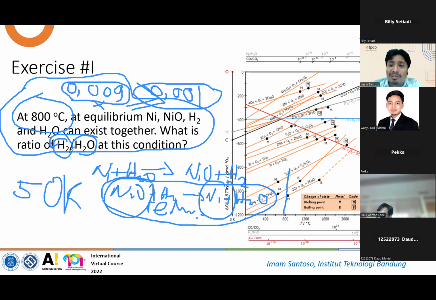So the ratio of hydrogen and water you have to maintain inside the reactor needs to be bigger than 0.1. Again, it seems just fundamental of the Ellingham diagram, but this can answer a lot of things.